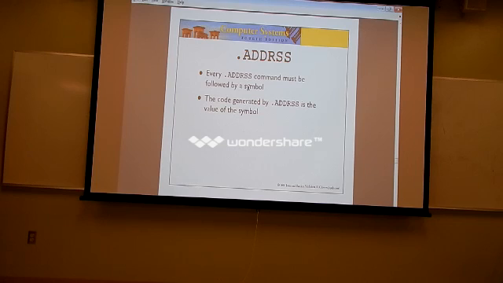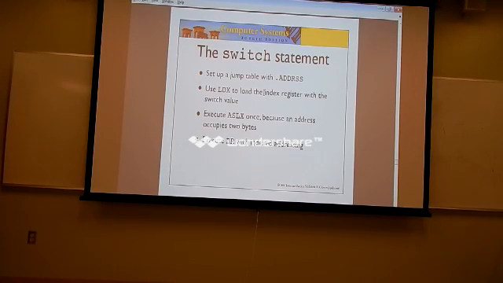And when you see this, it's always going to be followed by a symbol. The symbol is going to indicate a memory location to, in essence, jump to or branch to, however you want to think about it.